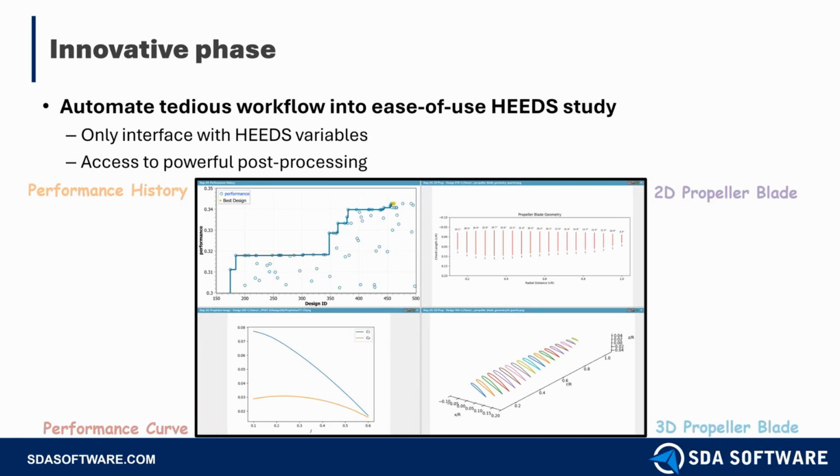This is nothing new, but they offer something called synchronous post-processing. So what does that mean? If on the top left I have performance history and I select any particular design, the rest of the panes automatically update based on that. So when I want to screen certain designs it's really easy: I click through them and instantly know, from my engineering intuition, oh, this blade design is not manufacturable.